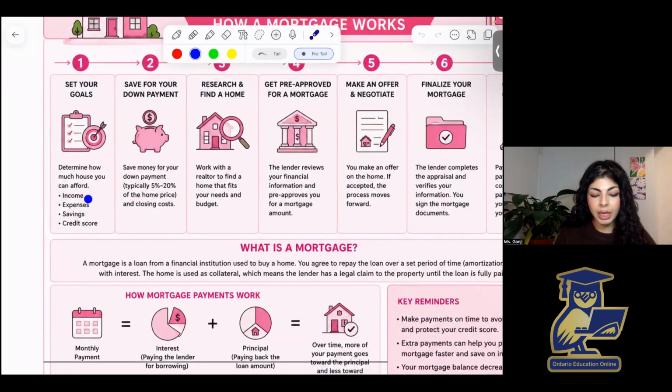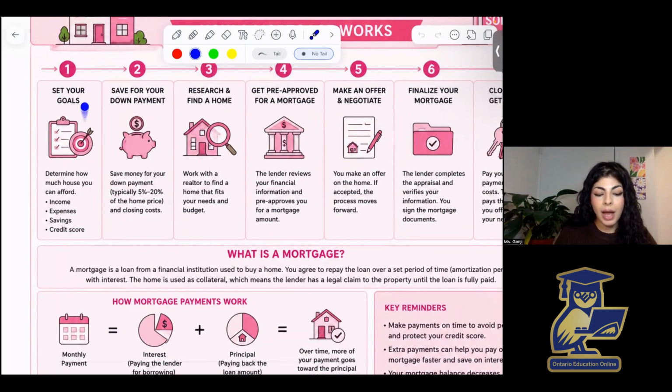And that can depend on your income, other expenses you have, how much you've saved up already, and also your credit score. That can highly affect how much loan the bank will offer you. So if you don't have a good credit score, then it's not really realistic for you to be looking at higher costing houses because you might not be approved for them.